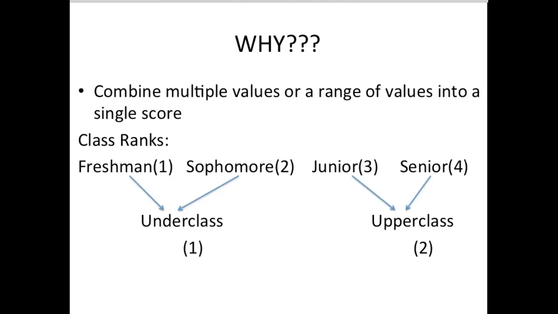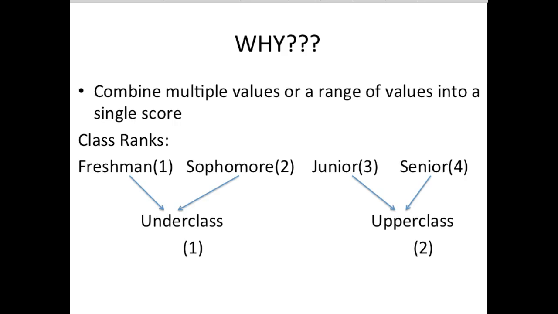Here's an example of why you may need to combine multiple values or a range of values into a single score. Let's say your data set is made up of class rank. You have freshmen, sophomores, juniors, and seniors. Freshmen are 1s, sophomores are 2s, juniors are 3s, seniors are 4s. Well, we don't want them all as 1, 2, 3, and 4.